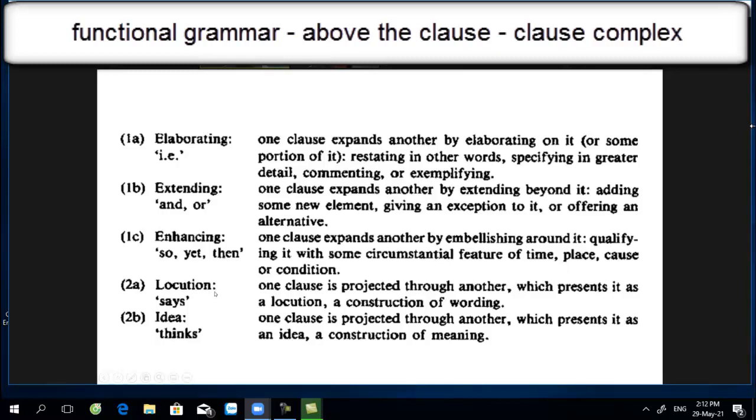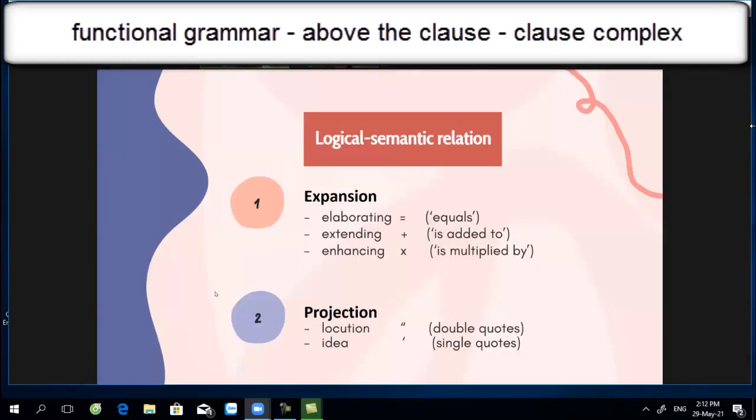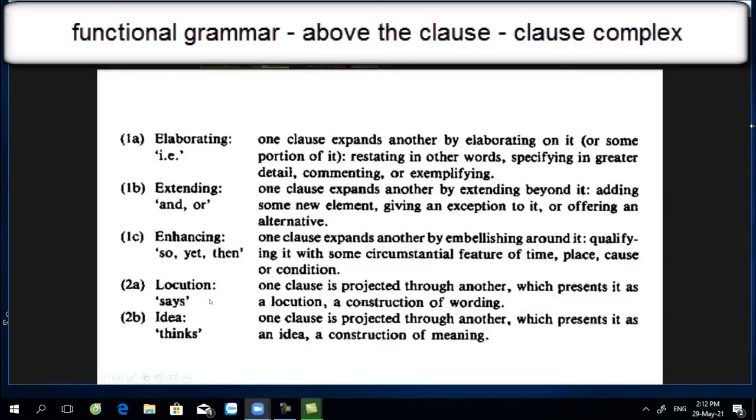For locution, this is about projection. For projection, we have two kinds, locution and idea. For locution, we use the double quotes mark here, the idea with single quote. And you can see here, for locution, it's like in reported speech, right?